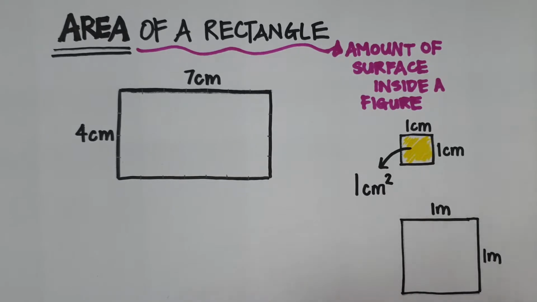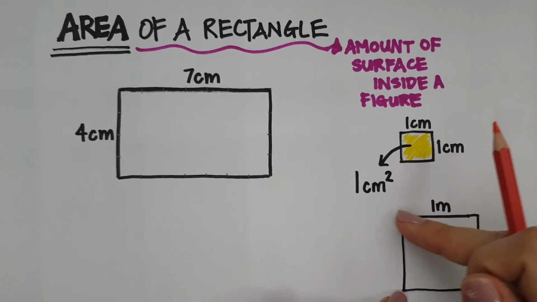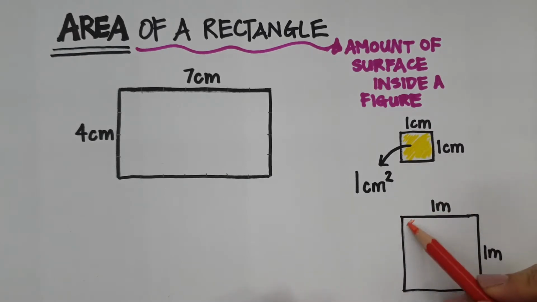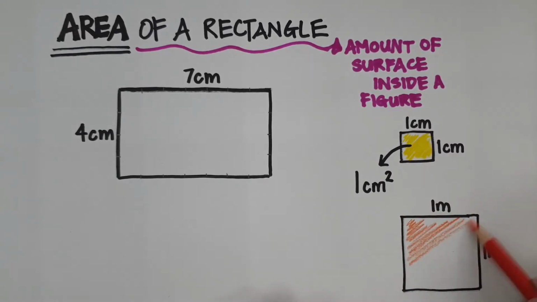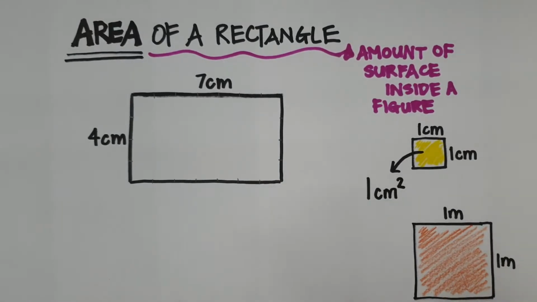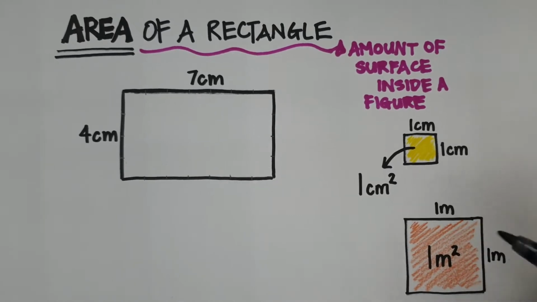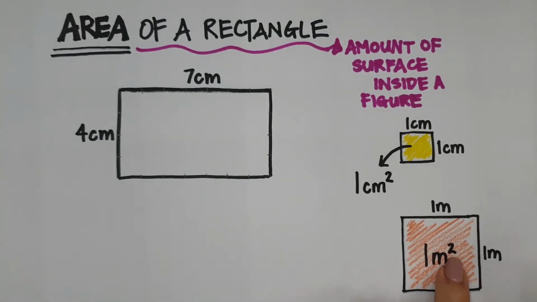We can also use bigger squares if it's 1 meter by 1 meter. Now this is not drawn to scale, obviously. I cannot draw a 1 meter square here, but let's say that this is 1 meter by 1 meter. Then the area inside, which is the amount of surface inside this square, would be 1 square meter, and we indicate that with a 2 there.